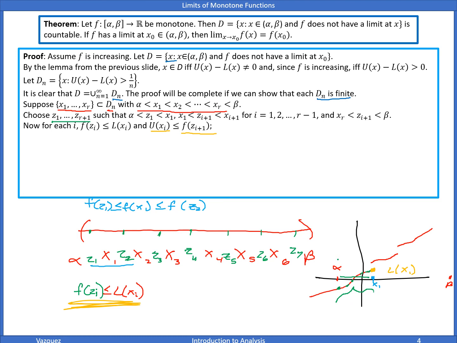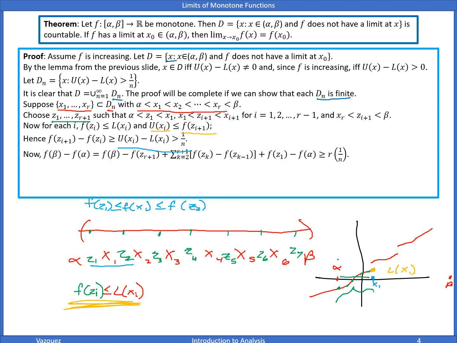And again, we get that because this function is increasing. So next, we get that f of zi plus 1 minus f of zi is greater than u of xi minus L of xi. And that's greater than 1 over n because of how we defined the sets D sub n.